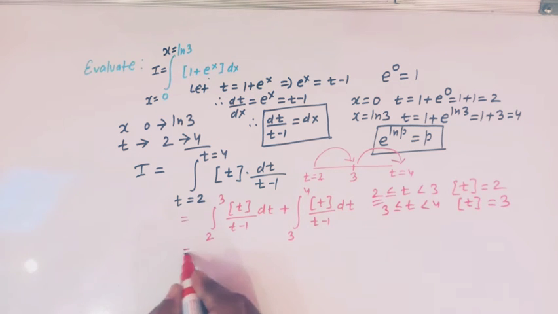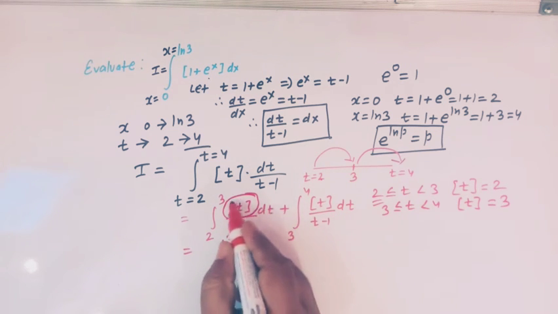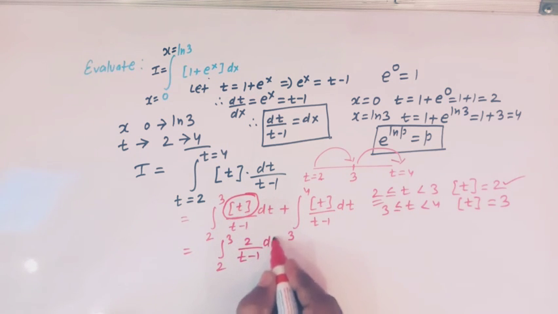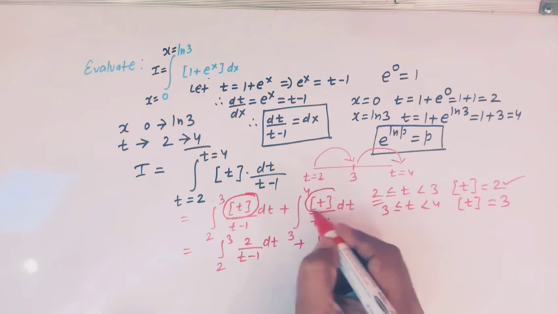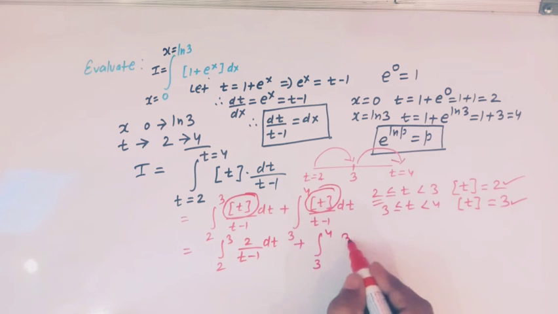So in the next step, for the integral from 2 to 3, we write 2 over t minus 1 dt, plus the integral from 3 to 4 of 3 over t minus 1 dt.